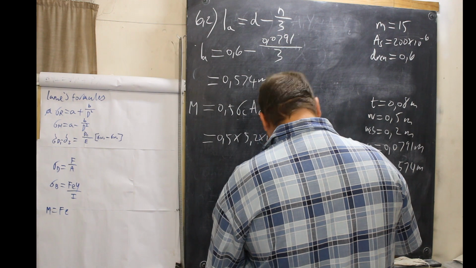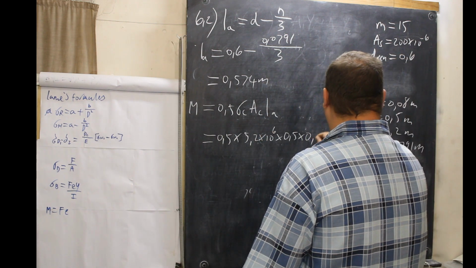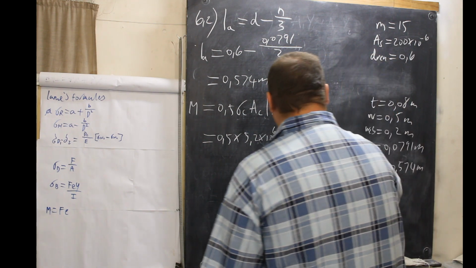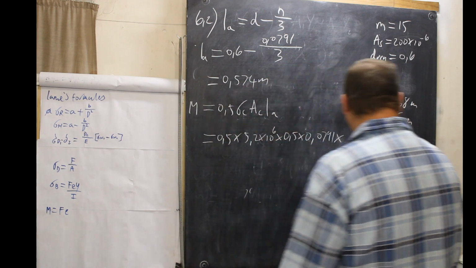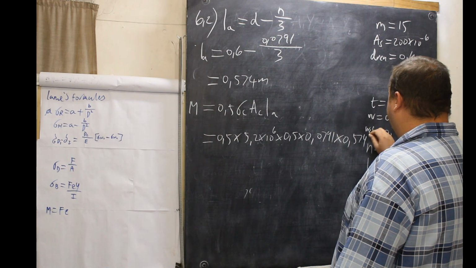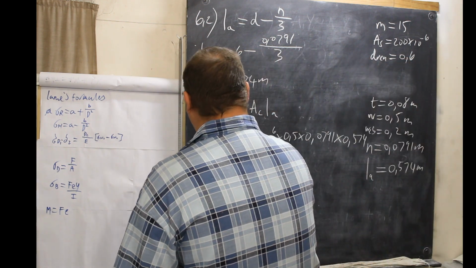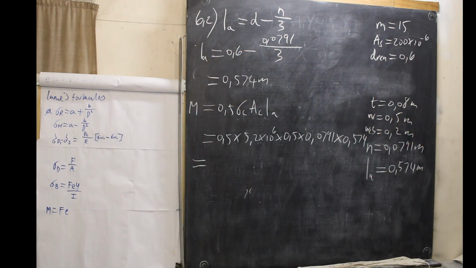Now we need to take N, which is 0,0791, multiplied by LA, which is 0,574, and put this all in your calculator.